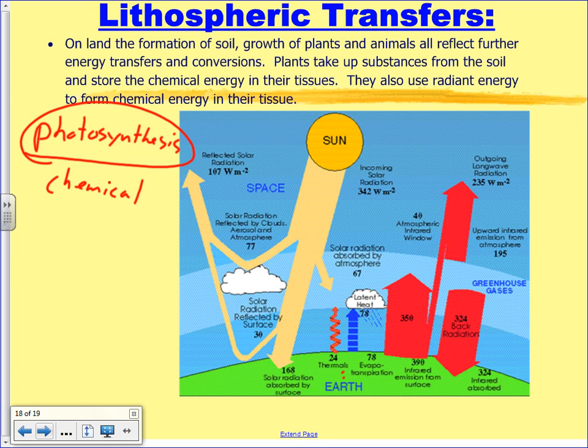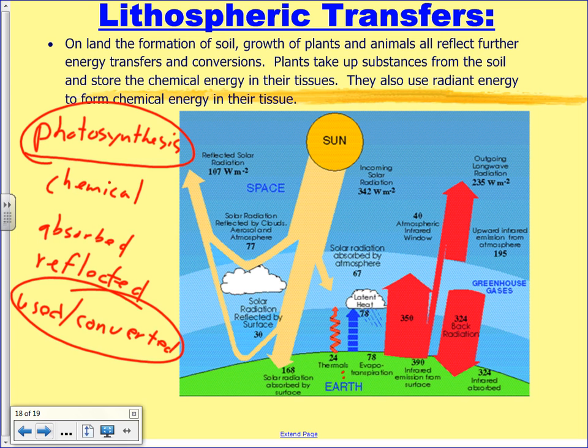We said three things could happen to energy when it struck the Earth's surface. It could be absorbed, it could be reflected, or used or converted. And the lithosphere is most involved with the third step.